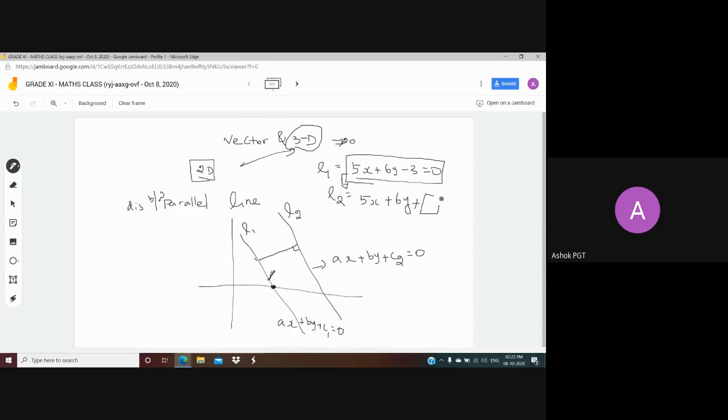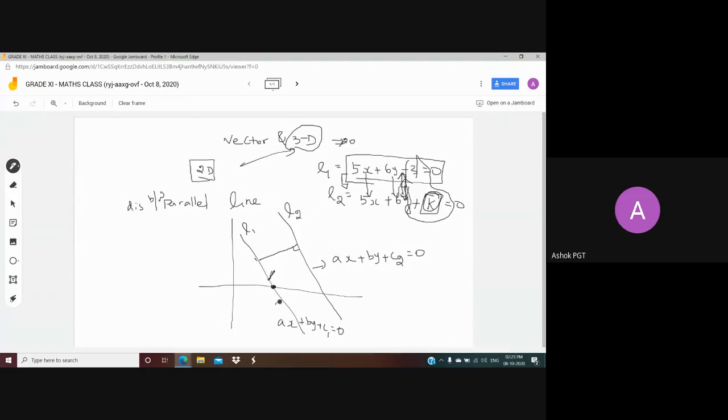Only change the constant. The constant can be anything, 5, 9, any real number. If you check, these two lines will be parallel to each other. This will be the same, this will be the same. They differ by only the constant.